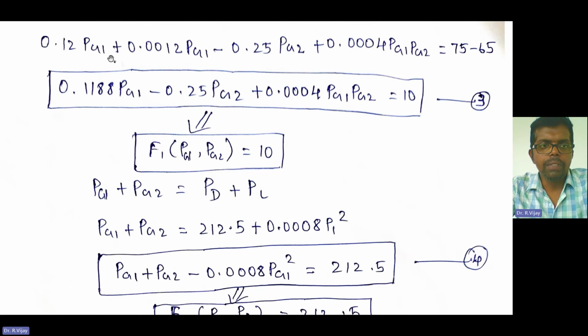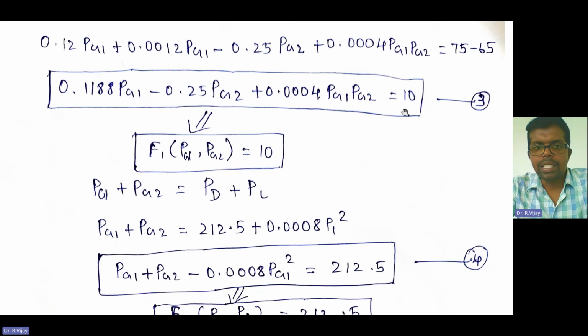So again, to simplify, that is 0.12 Pg1 plus 0.0012 Pg1 minus 0.25 Pg2 plus 0.004 Pg1 Pg2 is equal to 75 minus 65, that is from that previous equation. Again, while simplifying, you will get 0.1188 Pg1 minus 0.25 Pg2 plus 0.0004 Pg1 Pg2 is equal to 10.